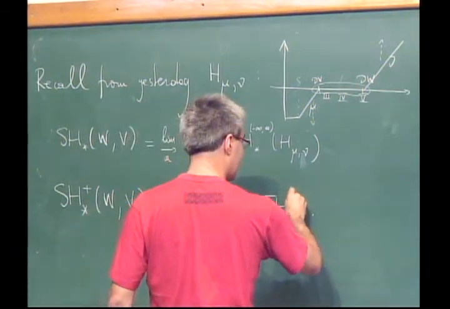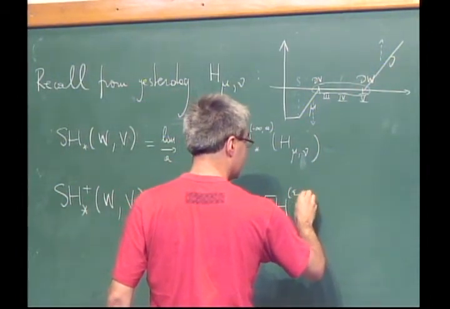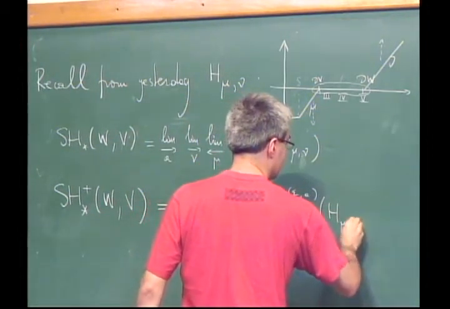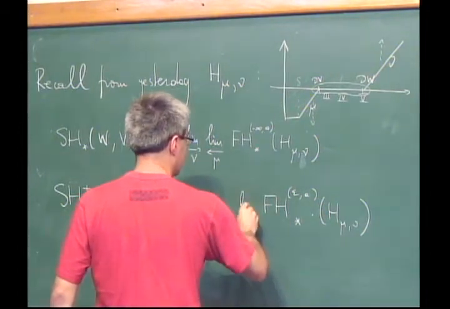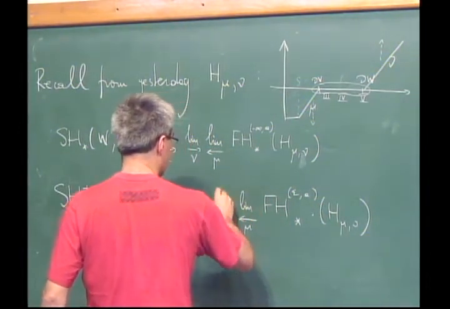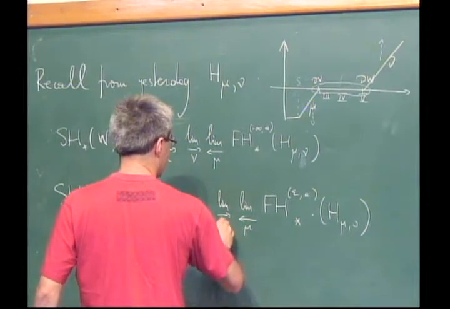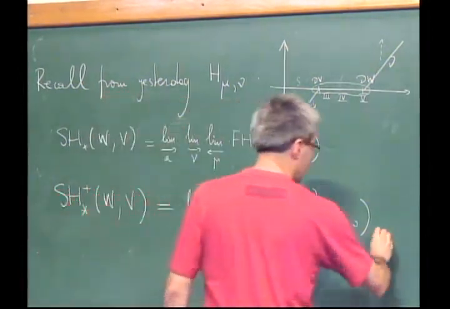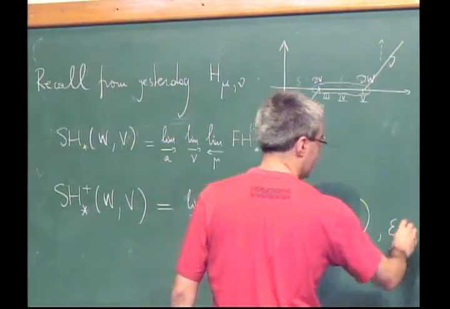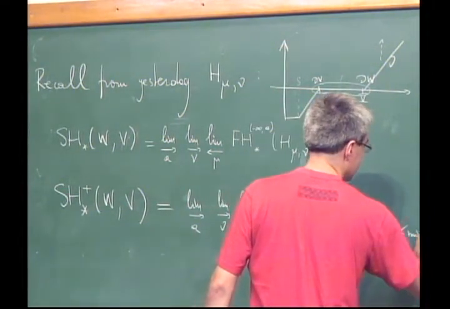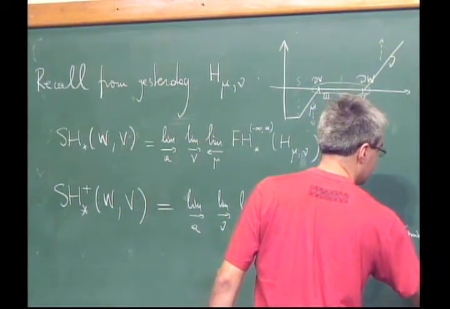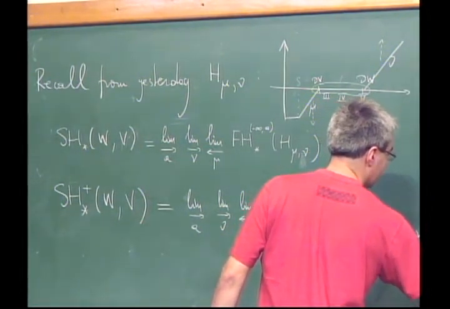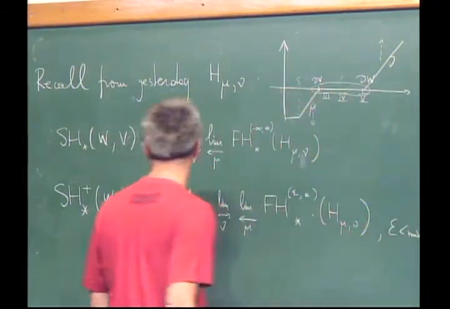So I'll just truncate in some action window epsilon to A, and again h mu nu, and inverse limit over mu, direct limit over nu, and direct limit over A. And epsilon here has to be small. In our case, smaller than the minimal period of a closed characteristic on the boundary of V or on the boundary of W.